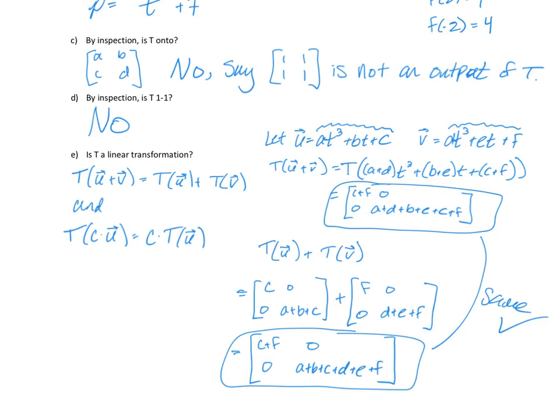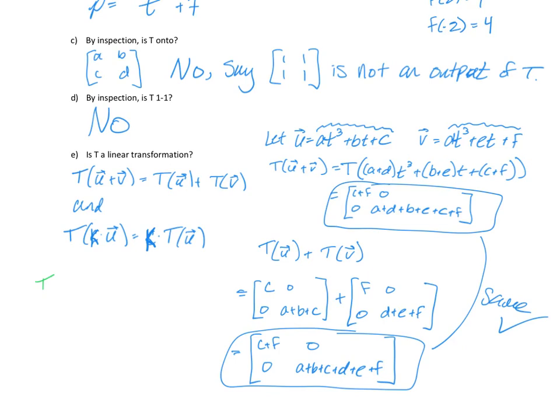And then I just have to check the scalar thing, T of c times U. Let's use a different scalar. I'm going to use k, because I've already used a through f, and I already have a c.